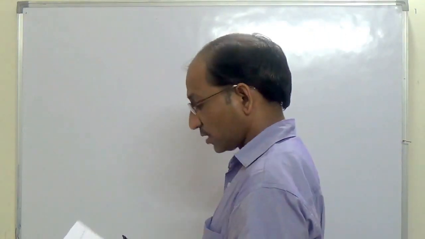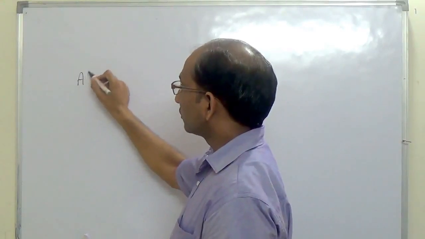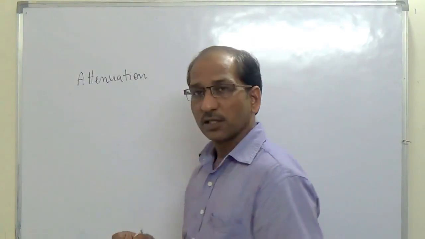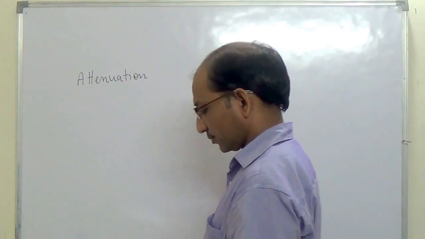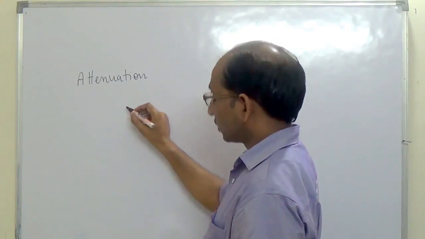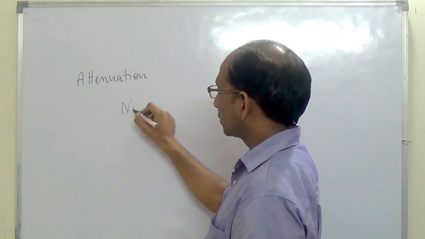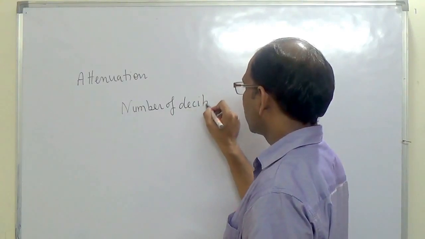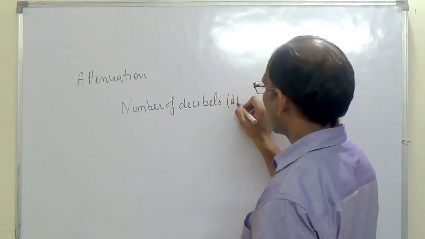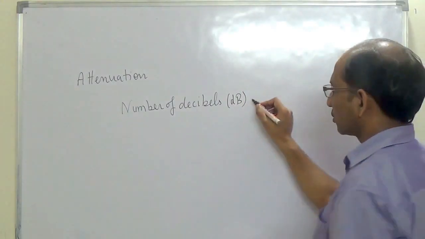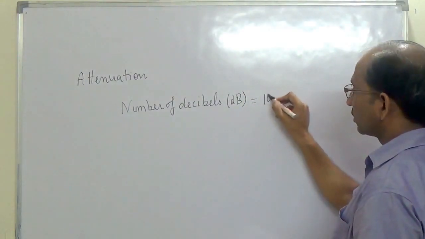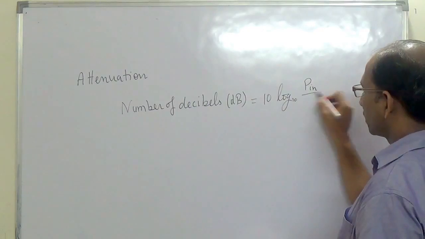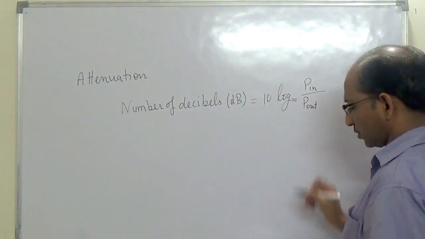In general, we define the total attenuation in optical fiber by the number of decibels, denoted by dB, which is equal to 10 log base 10 of P input upon P output.